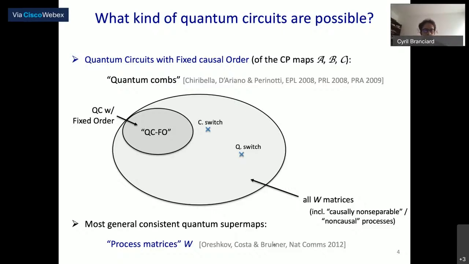And so the idea would be to have a quantum supermap that doesn't a priori assume a well-defined order between the operations.